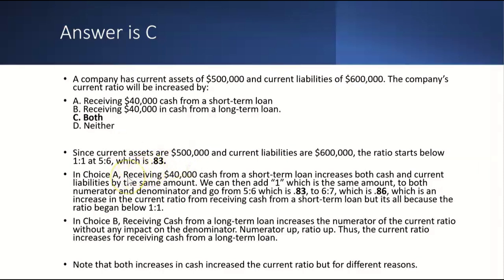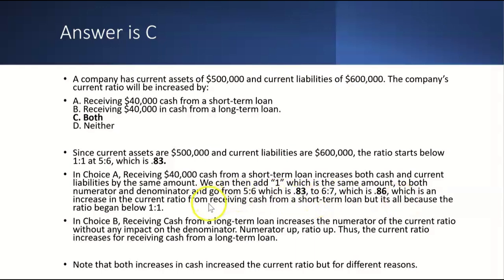Now in choice A, receiving $40,000 cash from a short-term loan increases both cash and current liabilities by the same amount. So current assets and current liabilities are going up by the same amount. So we can then add 1, which is the same amount, to both the numerator and denominator, and go from 5 to 6, which is 0.83, to 6 to 7, which is 0.86.